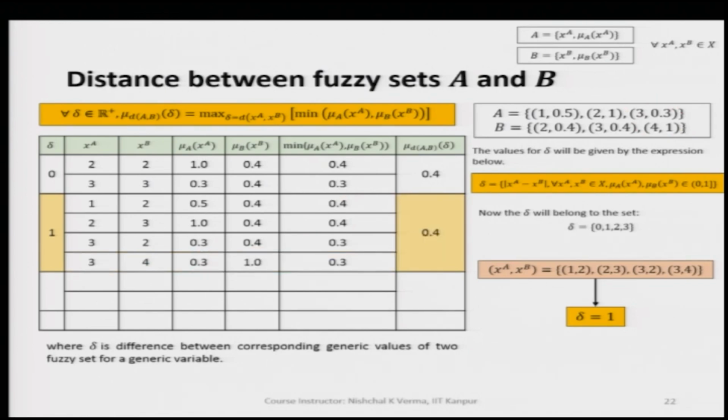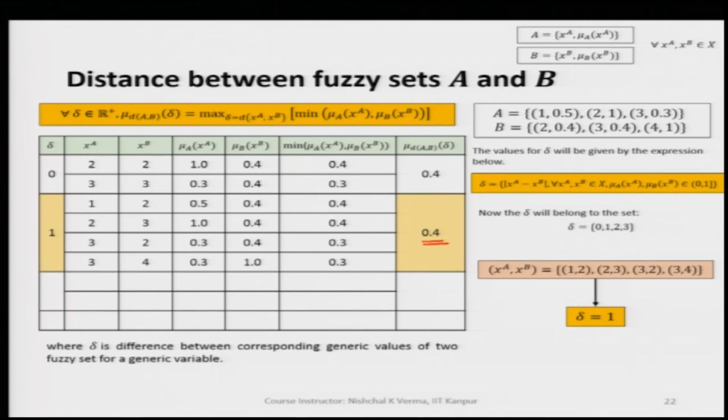So, this way we are able to find all these values of x A, x B, their corresponding membership values, and the min of all these, and then finally the max we are getting is 0.4.